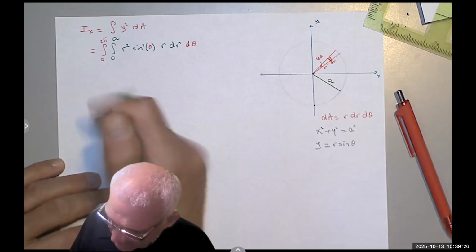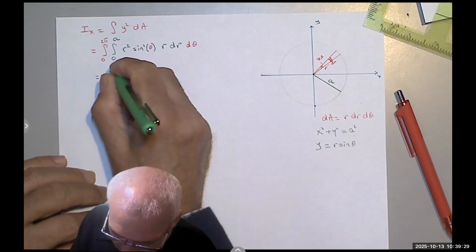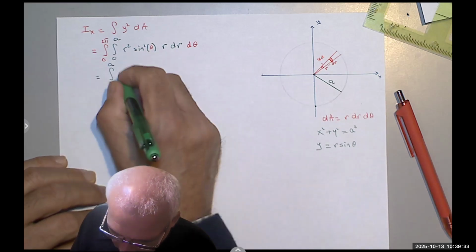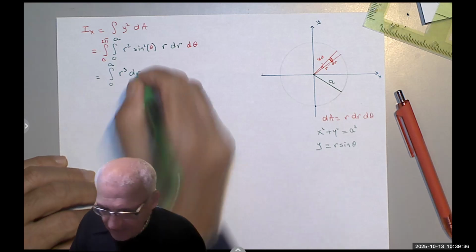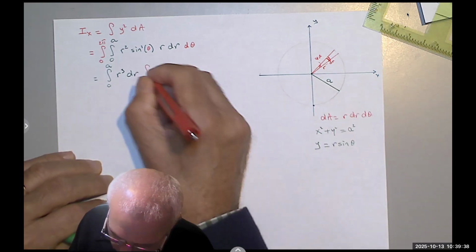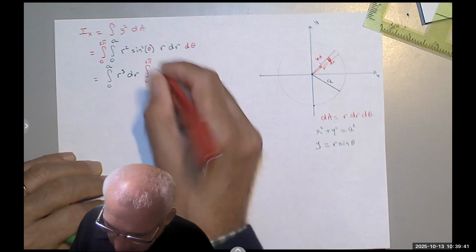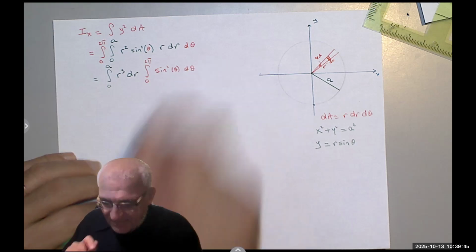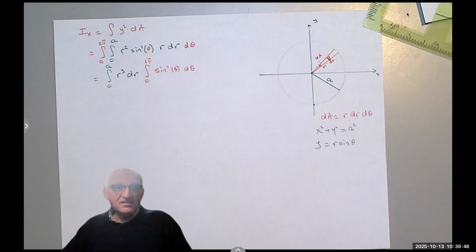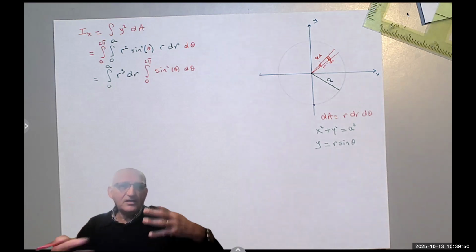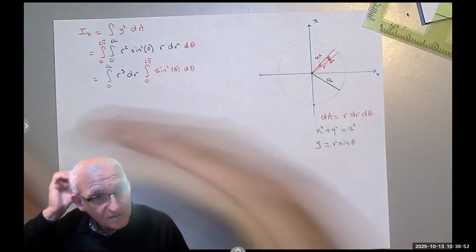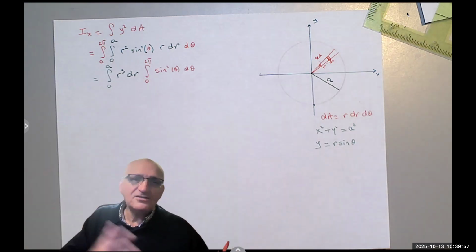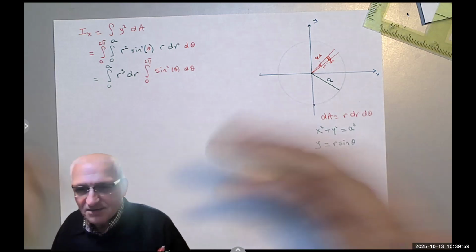I can break that as an integral 0 to a of r squared times r, which is r cubed dr, times the integral from 0 to 2 pi of sine squared theta d theta. Do you see why it's much easier now? I don't have to have two variables and take the integral in the inner integration and then transform that into the outer integration like we do in Cartesian.